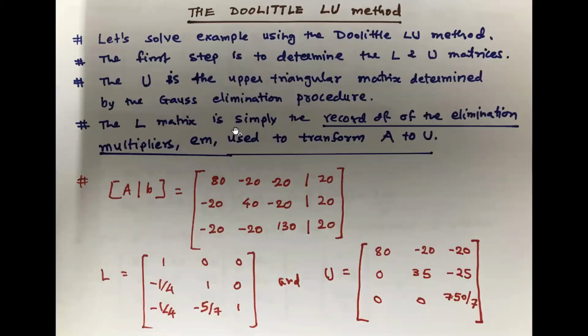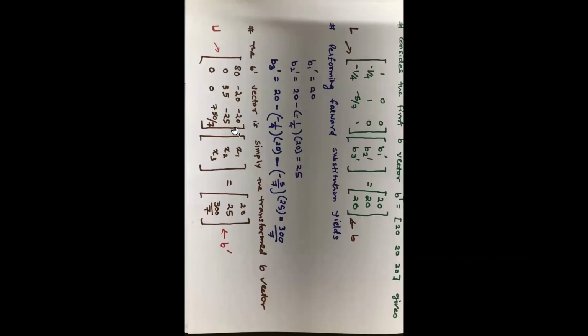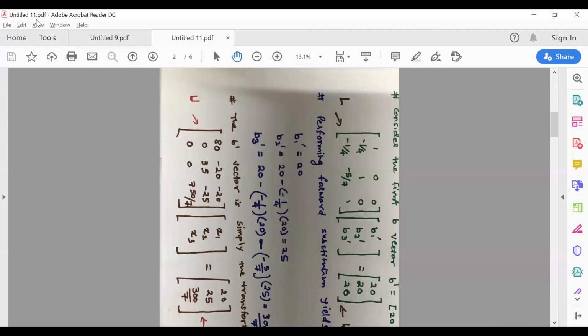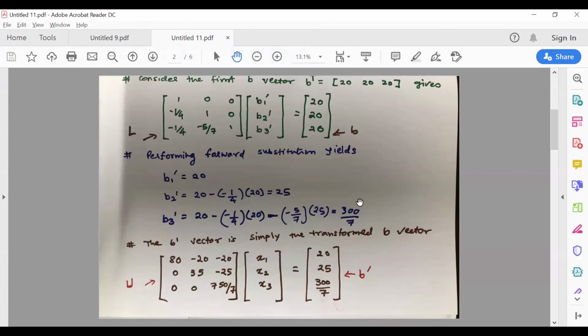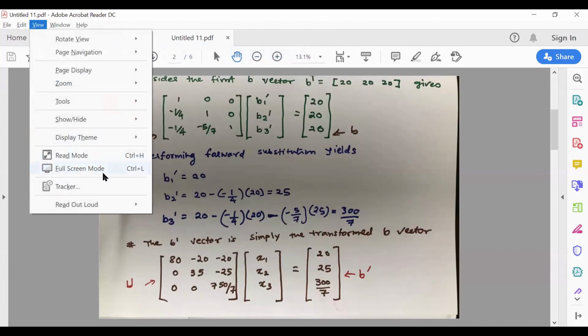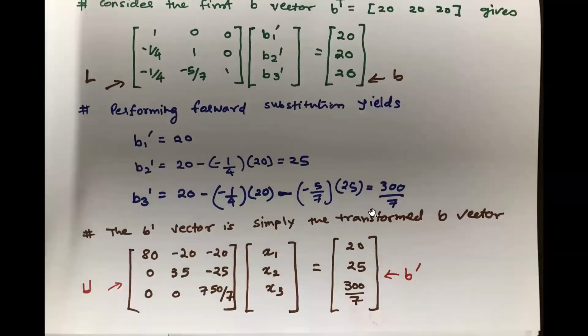This we have discussed. According to our formula, we just now discussed L B dash is equal to B. So what is B? It is the original one.